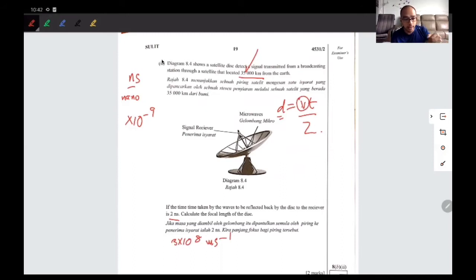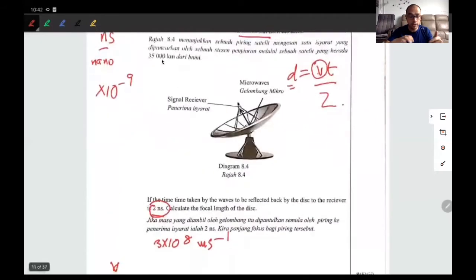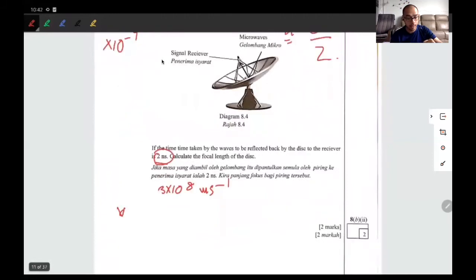Okay, then since the time taken is 2 nanoseconds, if you want to calculate this, what's the formula? D equals VT over 2. Okay. D equals VT over 2.